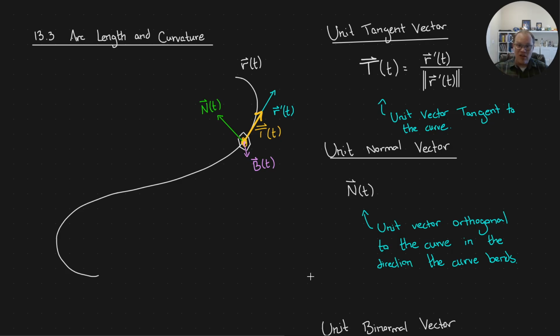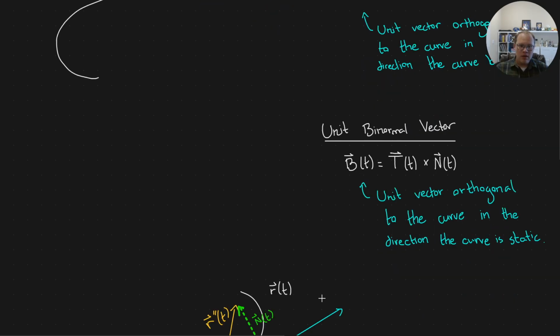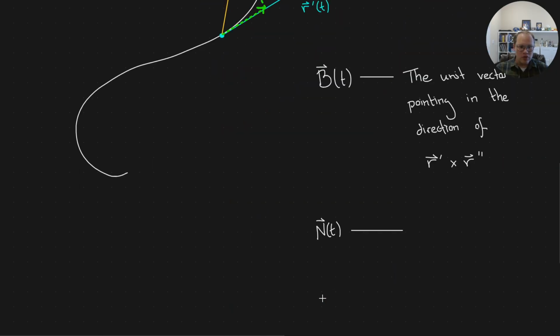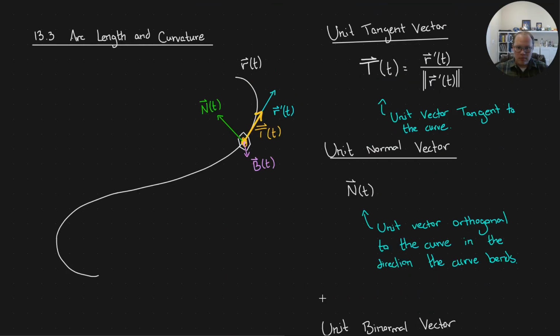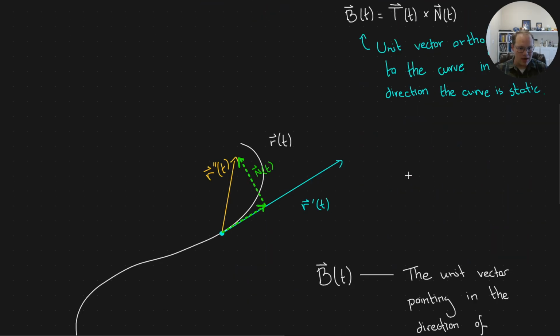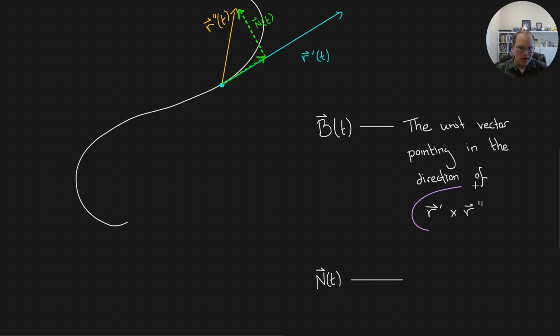Okay, so if we know the binormal vector, we could use the cross product of these two to find the unit normal vector.